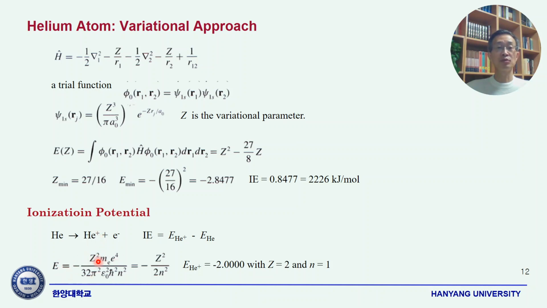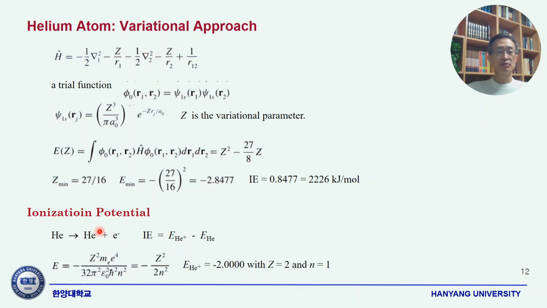Z is now 2 instead of 1 for hydrogen, and the quantum number n equals 1. What we get is just negative 2. So this helium plus ion energy is minus 2.